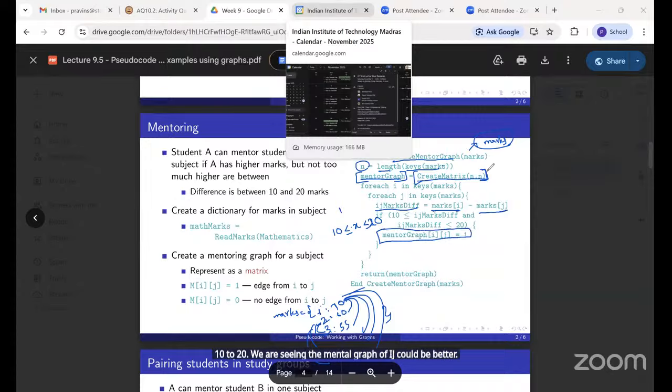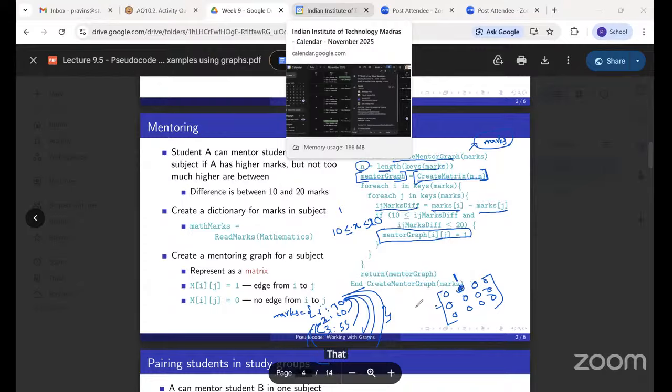See, we have initialized the mentor graph as a 0, 0 matrix. Right? So if I want to represent it in a matrix form, everything is 0, and I found someone who can be a mentor.